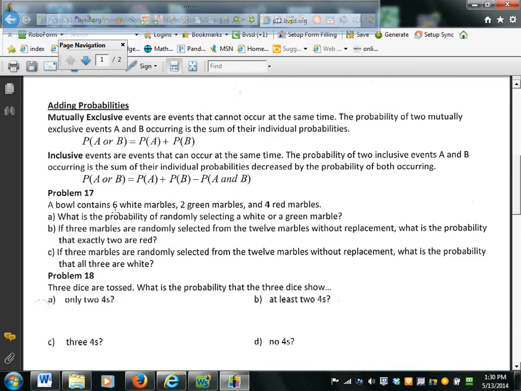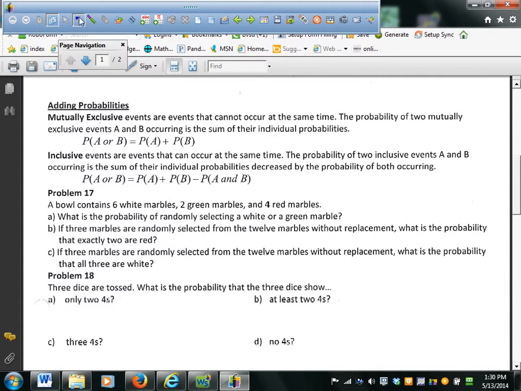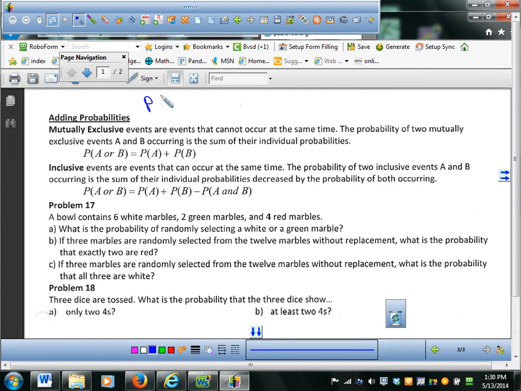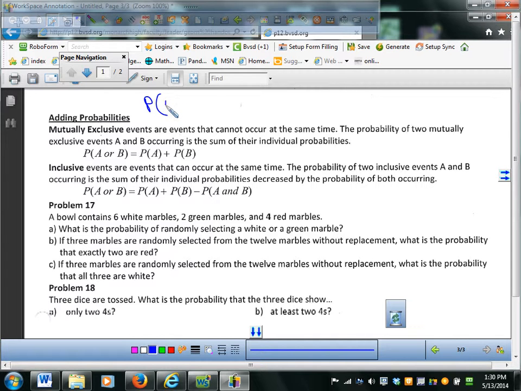And that's an OR. So say the probability of getting a red marble out of a bag is 2 out of 3, okay?